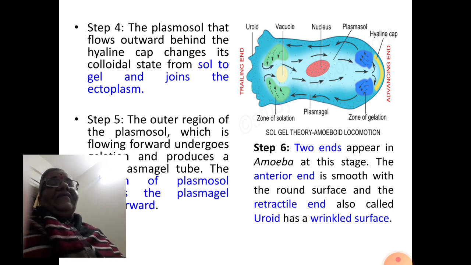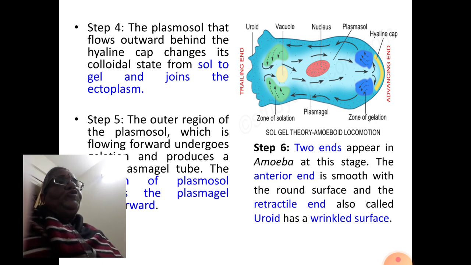So at step 6, you can make out clearly 2 ends: the anterior end where pseudopodium is being formed, and the posterior wrinkled end, that is the trailing end. Okay, this is step 6.